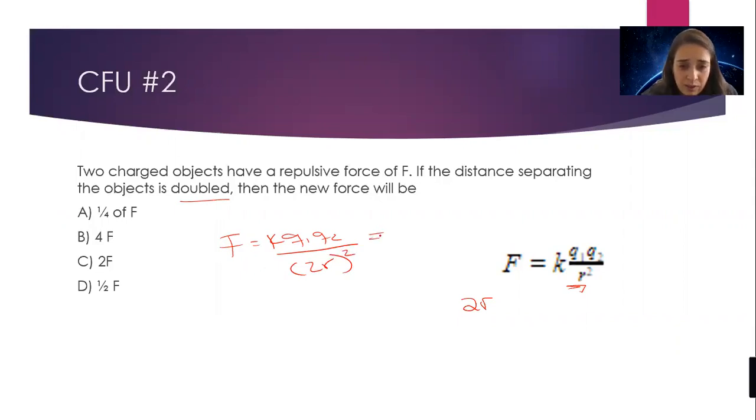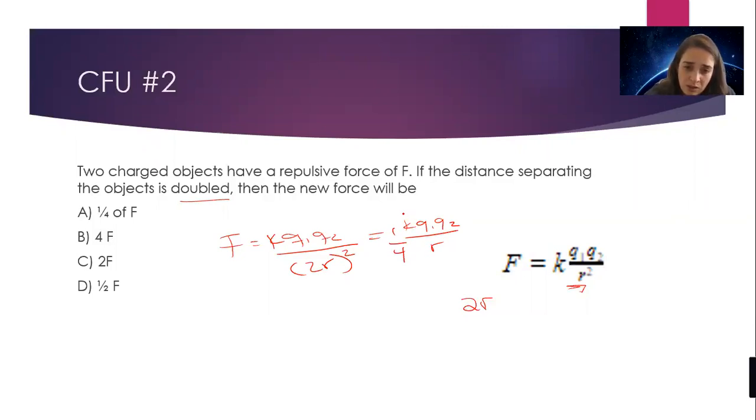All my other variables remain there because I don't know what they are. They're just constants. But my 2 here gets squared. So 2 squared is 4, so then I have 1/4 in front.